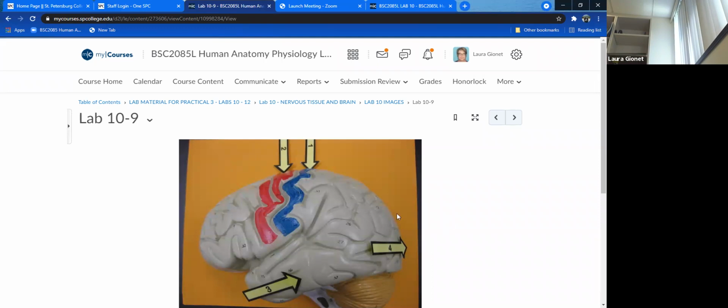So here on number 4, I could ask you, identify that lobe, and you would say that's the occipital lobe. What if I asked you, identify the functional area on that lobe? Well, the occipital lobe only has one functional area, and that's your primary visual cortex.